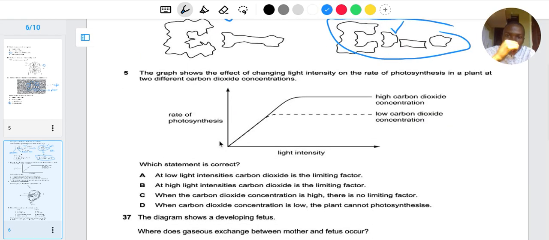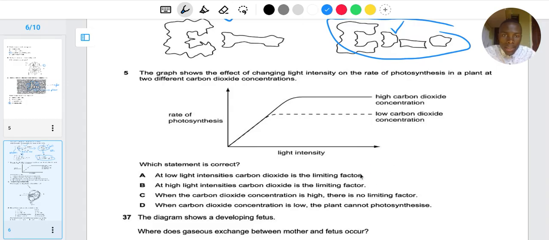Then we have the second question, which is saying the graph shows the effect of changing light intensity on the rate of photosynthesis in a plant at two different carbon dioxide concentrations. So we have high carbon dioxide concentration, also low carbon dioxide concentration, light intensity, as well as the rate of photosynthesis here. So what statement is correct? We have A, which is saying at low intensity, carbon dioxide is a limiting factor, which is correct.